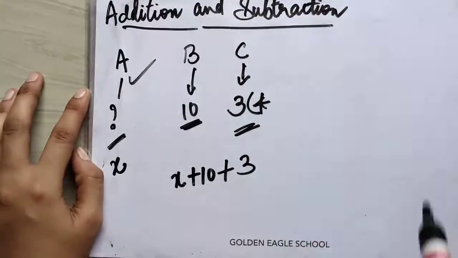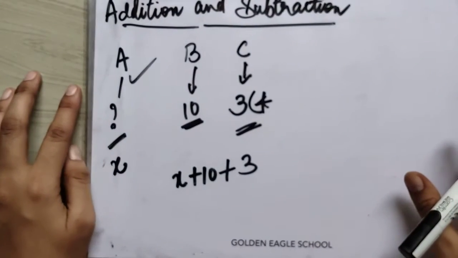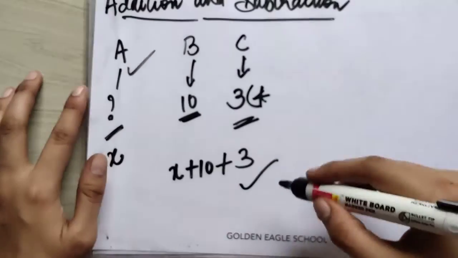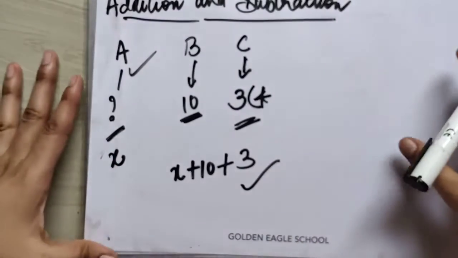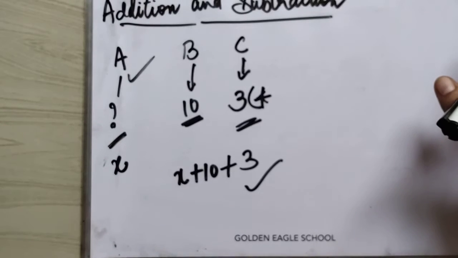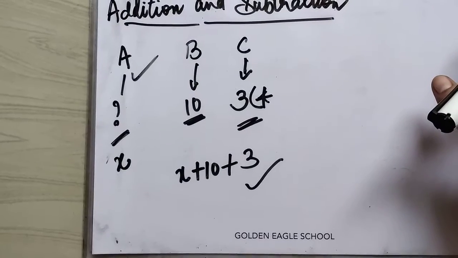This is the number of marbles she has in total. So whatever statement is given to us, we are going to form it into an equation form, algebraic expressions.